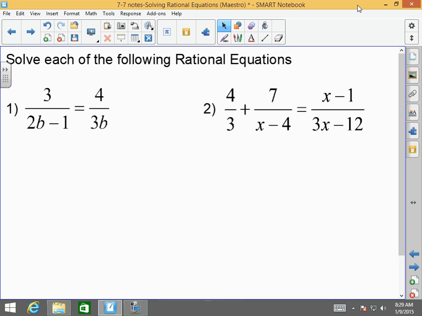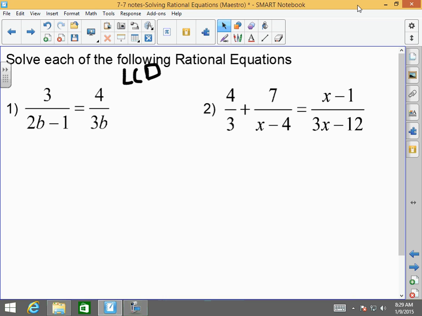For example, let's get right to it. We have in example number 1, 3 over 2b minus 1 equals 4 over 3b. So the first thing we want to figure out is, what is the LCD? It's not going to be 6b minus 1. Remember that when we're doing LCD, what's the LCD of just the numbers?